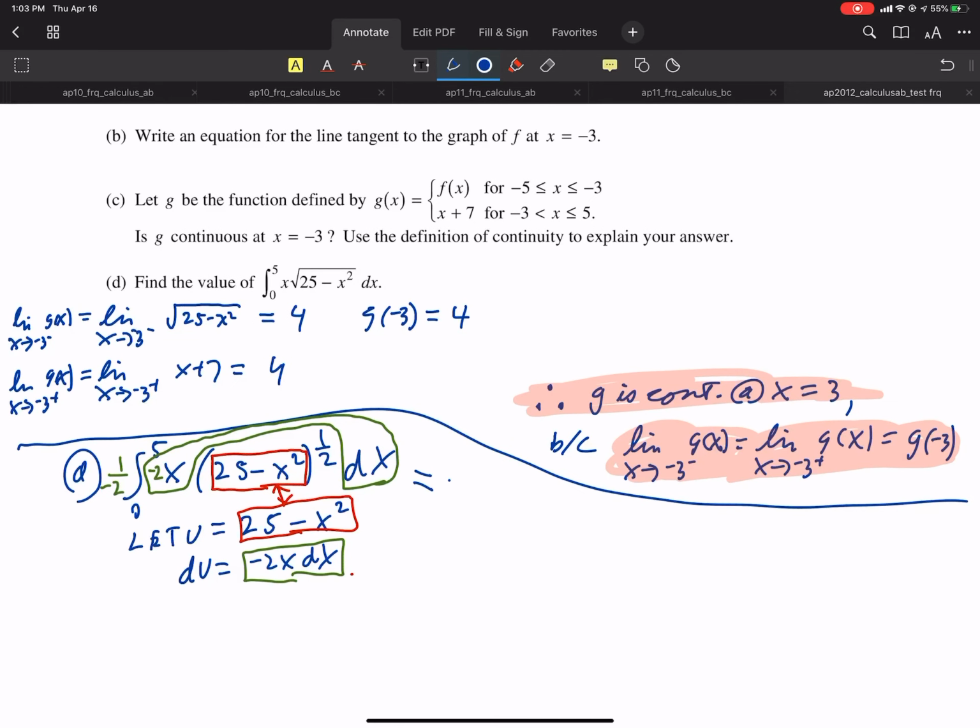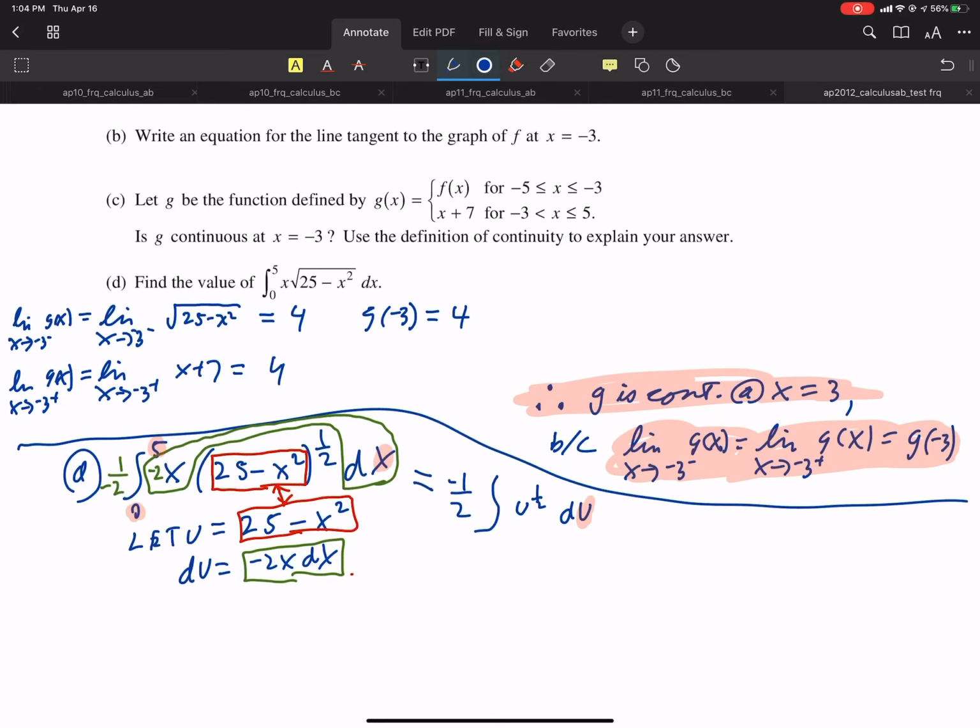So now we have a -1/2 integral. So this green box becomes du, and this red box becomes u. But here is another thing we have to think about. That value and that value, those are values of x. Now we want u, so we need to convert those to u.